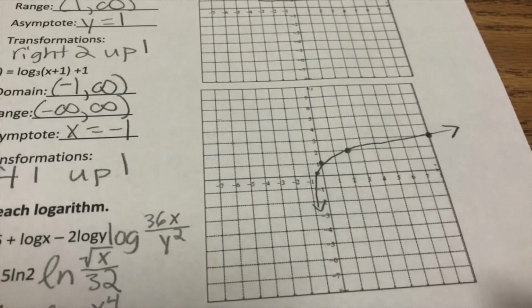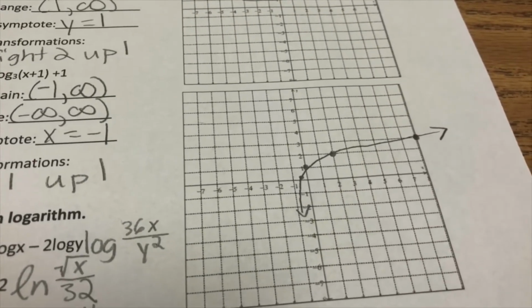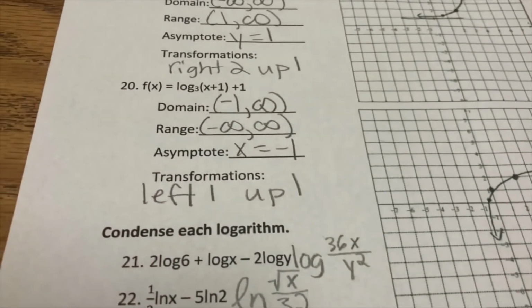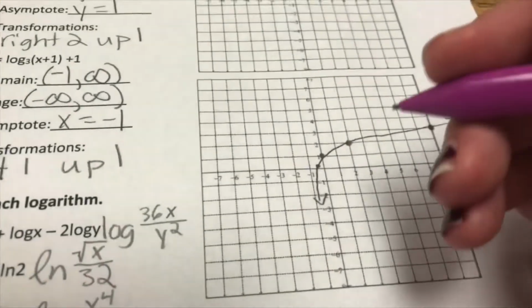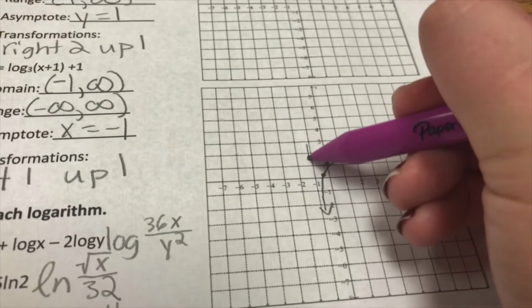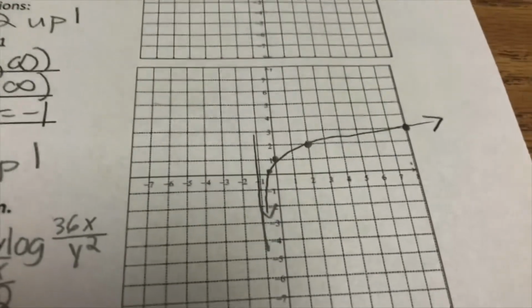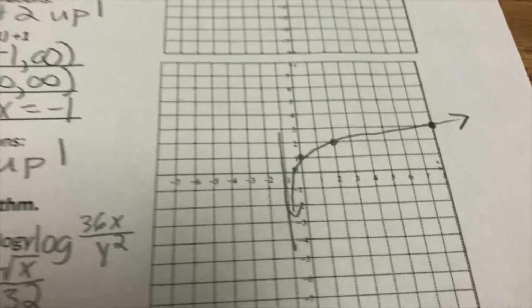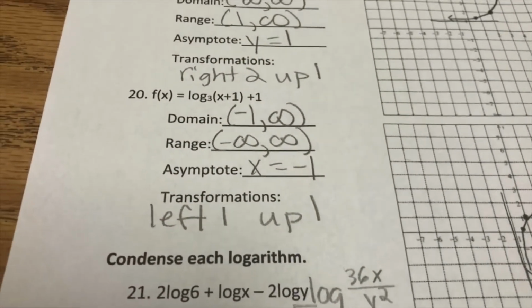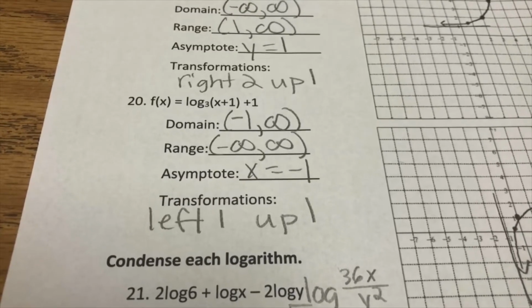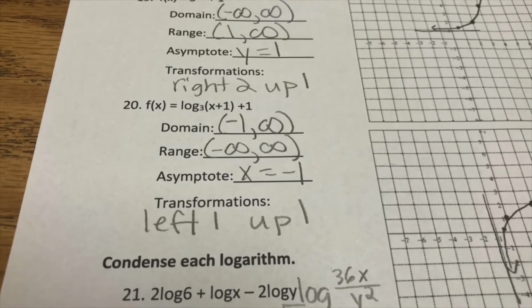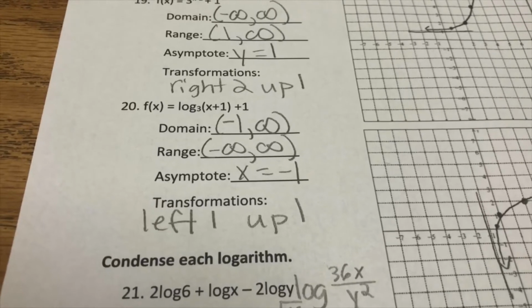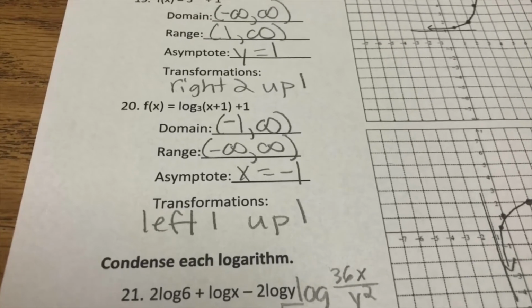20, similar thing. Went on ahead and graphed it. This was our log function, so we're going to have a vertical asymptote, which is right there. That vertical asymptote is at negative 1, so that's why the answer for asymptote is x equals negative 1. Your domain, your x values, are not going to hit negative 1, but it's going to get really close.